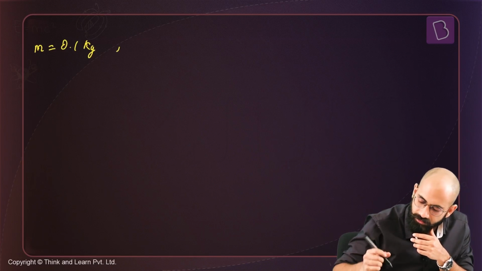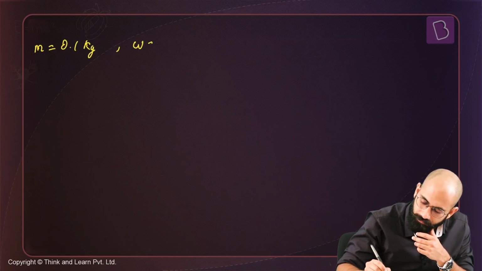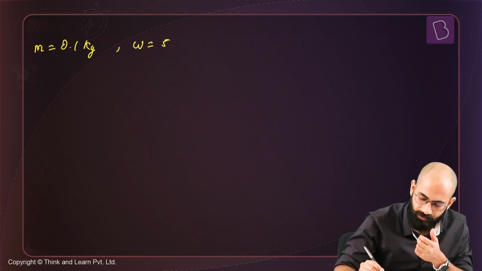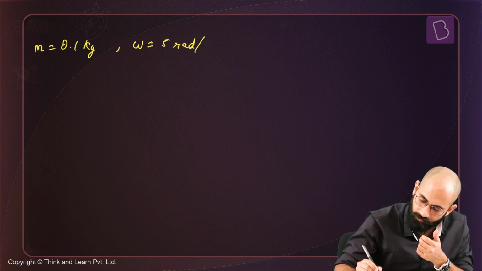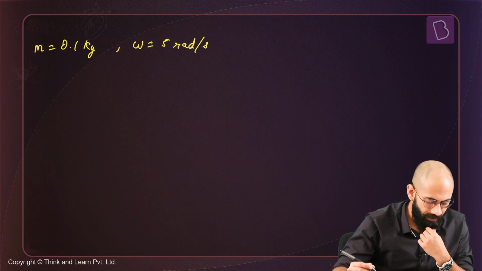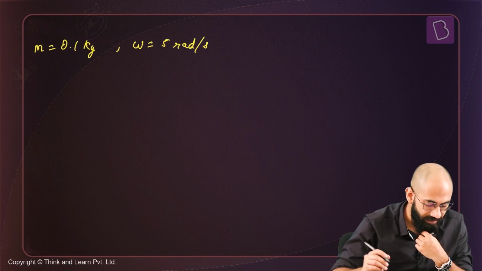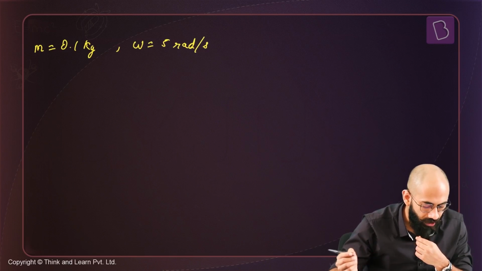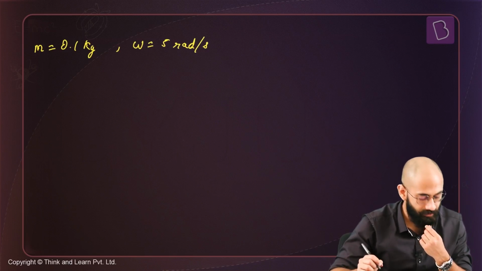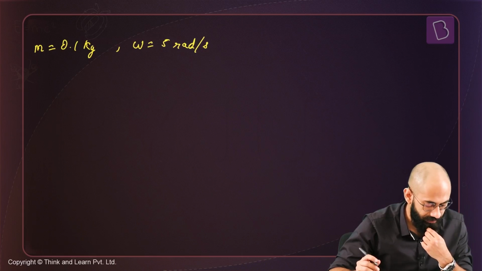Angular velocity is given to us, omega is 5 radians per second. So the question asks us to find the work done by the centrifugal force when this body moves through an arbitrary path from R1 to R2. R1 is given to be 31 centimeters and R2 is given to be 50 centimeters.